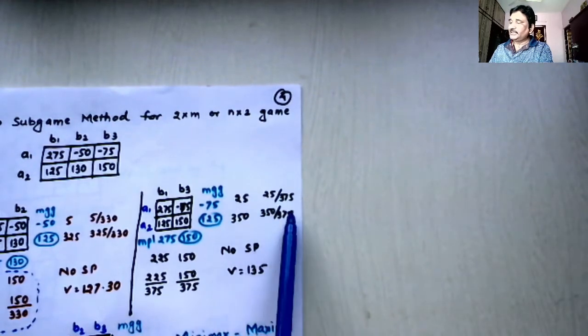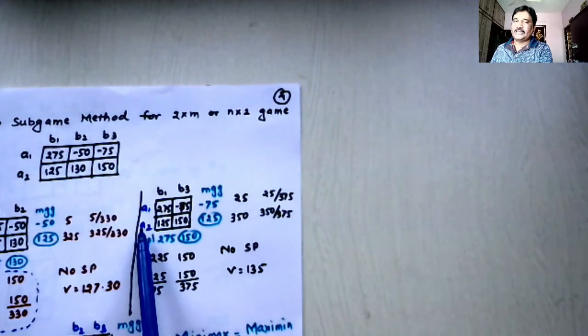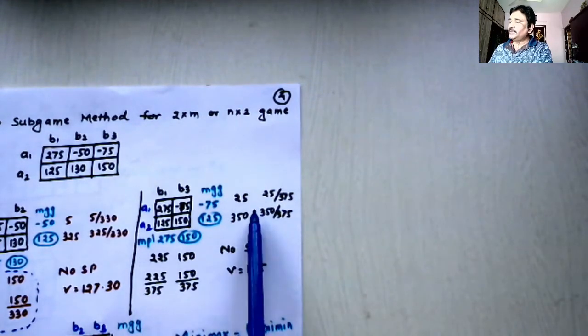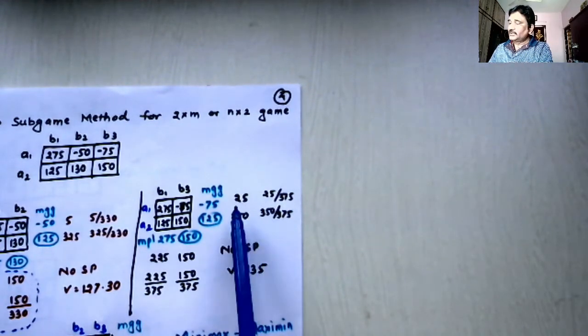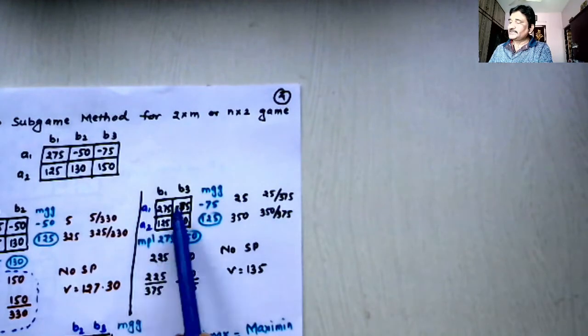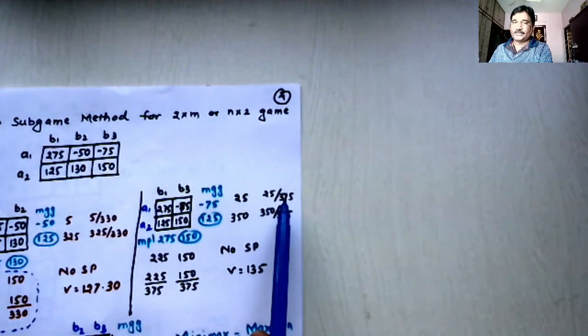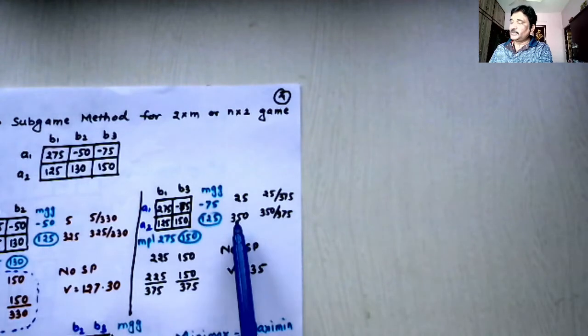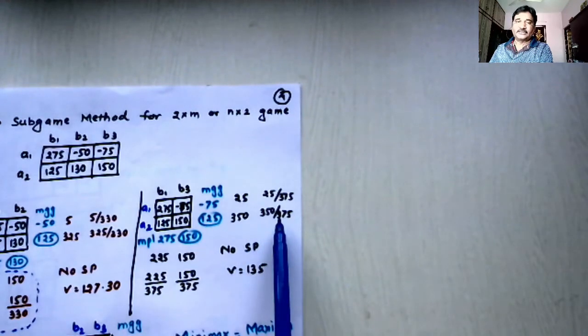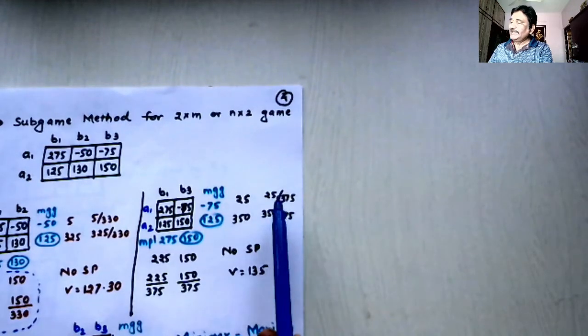That will get you the proportions of courses of action A1 and A2. The sum comes out to be equal to 375. So your proportion of course of action A1 is 25 by 375, and the proportion of course of action A2 is 350 by 375.